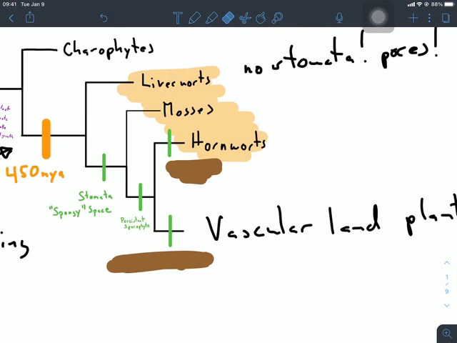The tree that you lean on is a sporophyte. It is persistent. It continues to grow. The gametophyte is more temporary. Mosses' sporophytes will end after the spores are produced, same with liverworts. In our hornworts, they have persistent sporophytes that are assumed to be shared with vascular land plants.